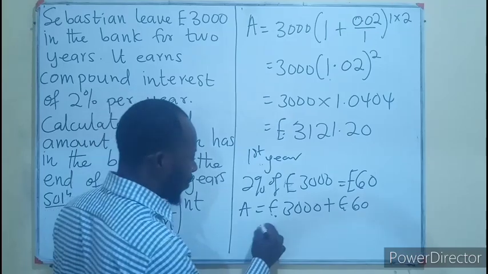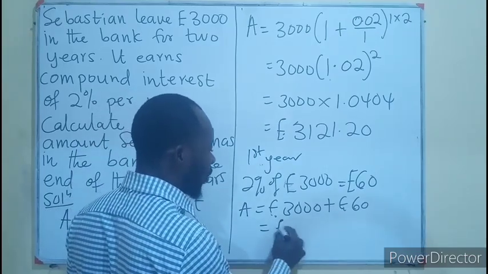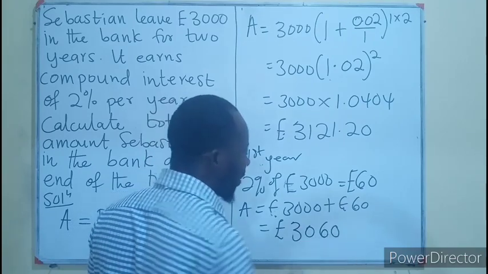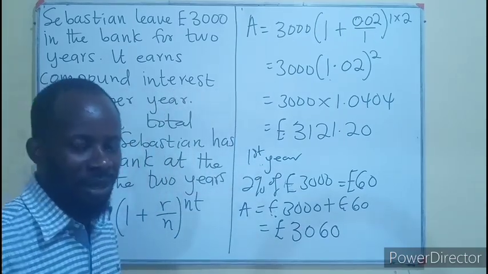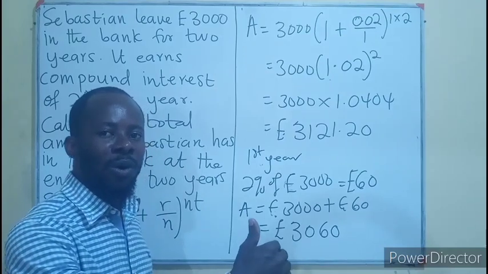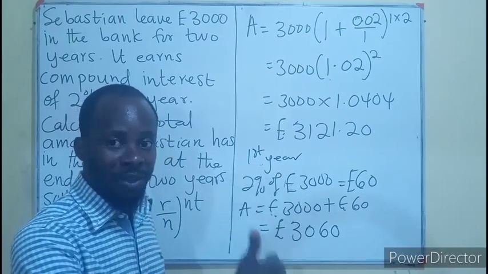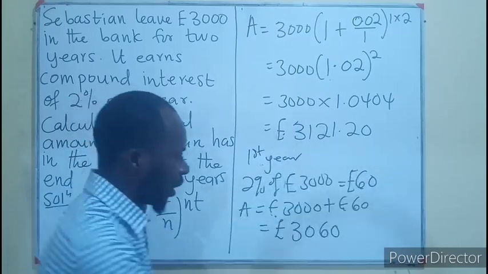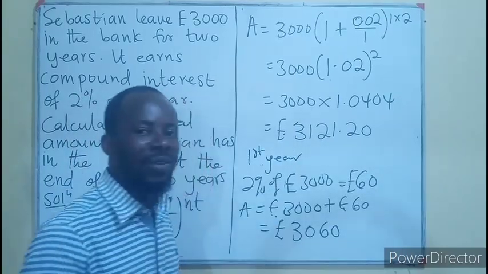So your total amount in the bank is now going to be 3,000 and 60 pounds. It means if the money goes into the bank in 2020, at the end of 2021 your money is now going to be 3,060.